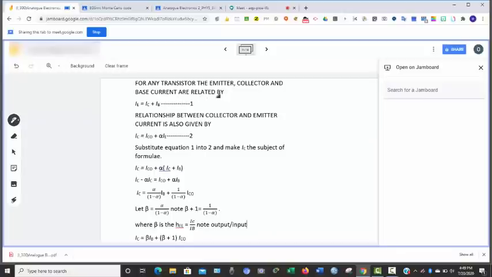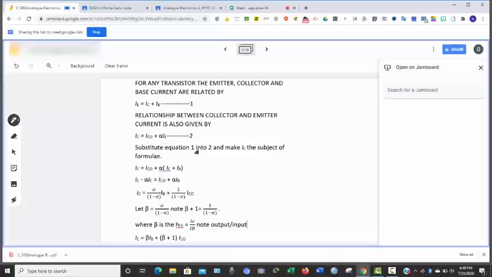For any transistor, the emitter, collector, and base current are related by IE is equal to IC plus IB. This is equation 1. The relationship between the collector and the emitter current is also given by IC is equal to ICO plus alpha IE.